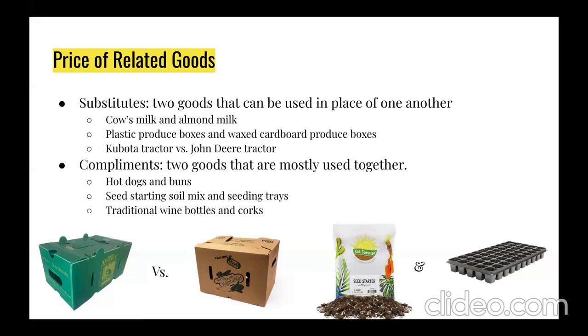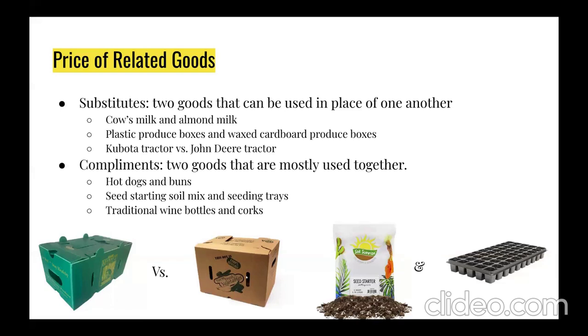If the price of its substitute, plastic produce boxes, for some reason goes way down, farmers might start switching to using the plastic produce boxes. Them switching to the plastic is going to cause the demand curve for the cardboard boxes to go down.